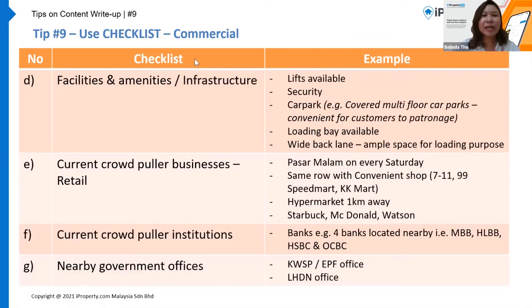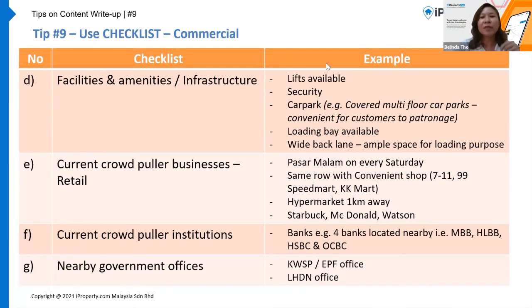Okay, next over here, talking about the facilities or amenities. I would say more importantly for commercial property, it is talking about the infrastructure. Whether this area has high-speed internet ready or not, Wi-Fi ready or not.